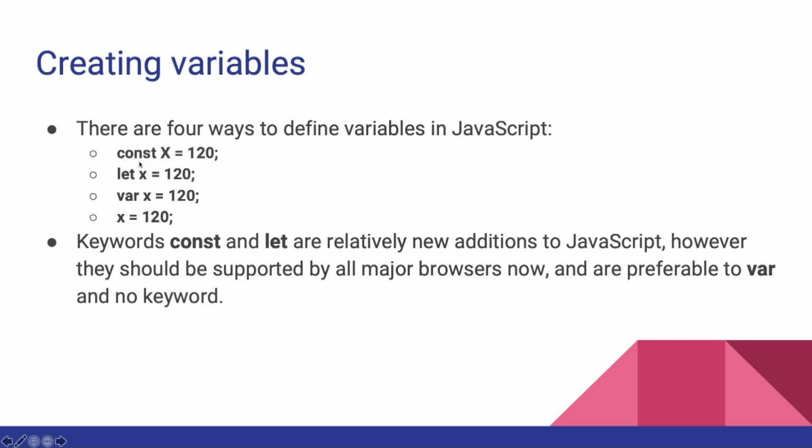These are things that behave in all ways like variables, except their values are fixed once they've been given a value. Here we're giving the constant x the value 120 and it will have it forever. Here we're giving a variable x the value 120, but we can change it later. Both of these are variations on giving variables values, but they're the old ways.